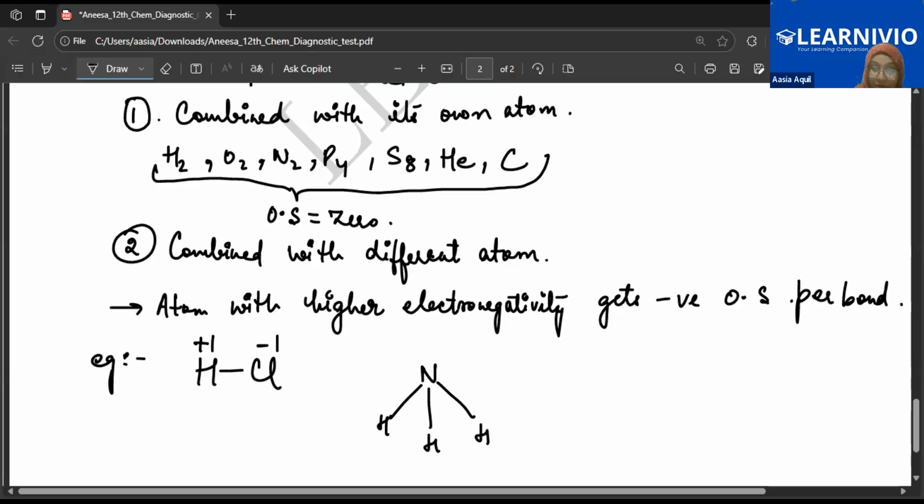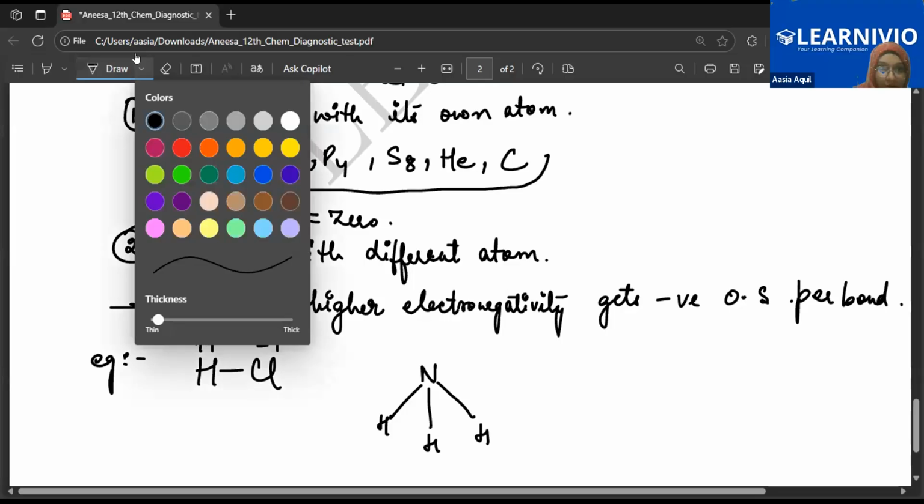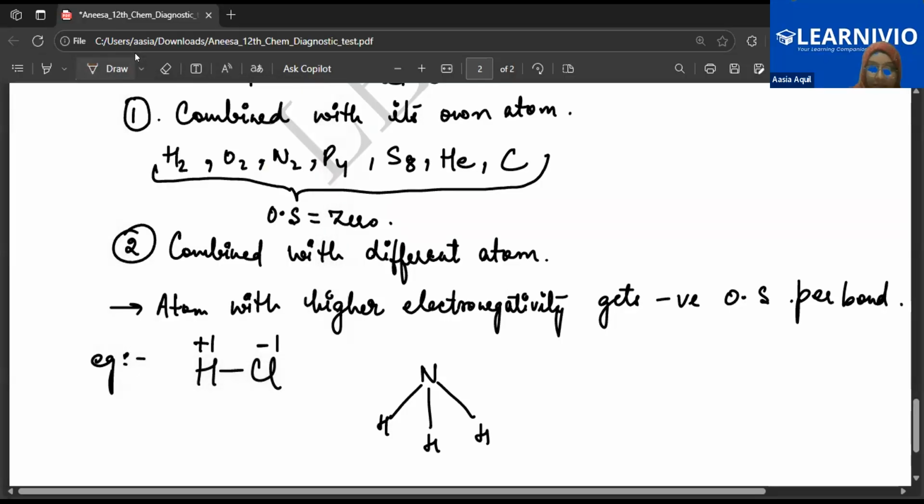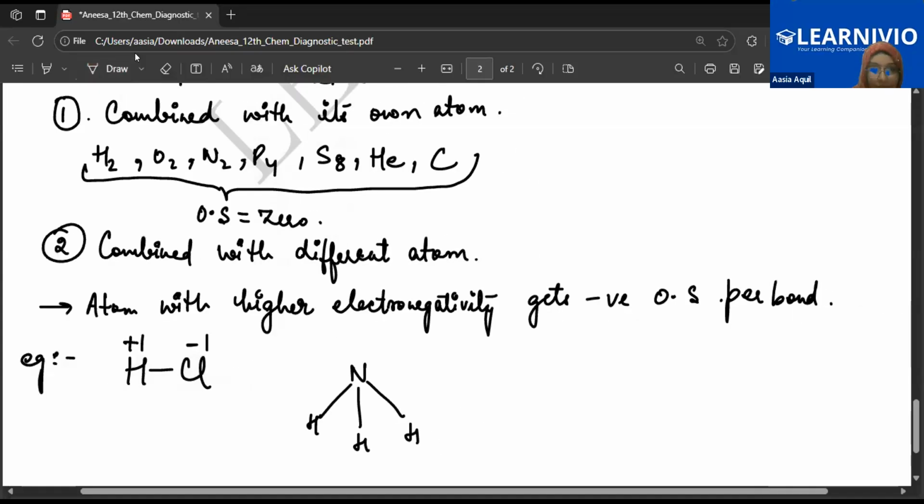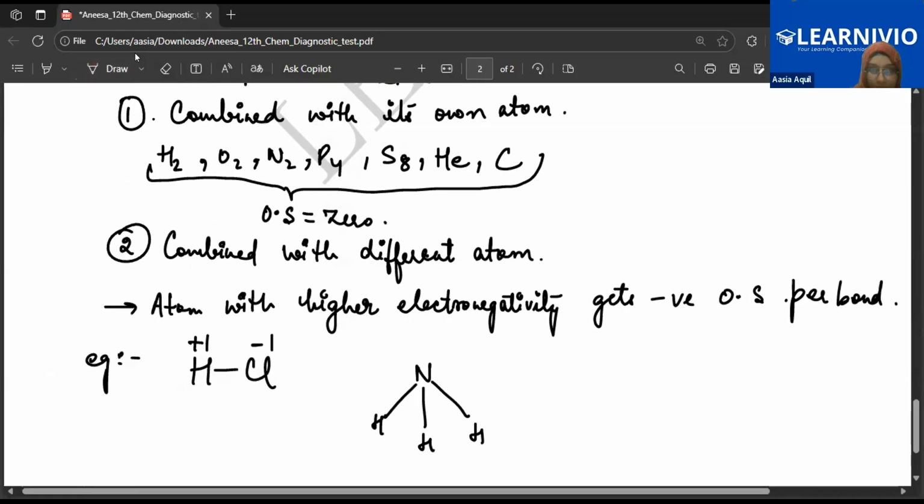Now we have to see each and every bond. See this bond, we will talk about per bond, each bond.